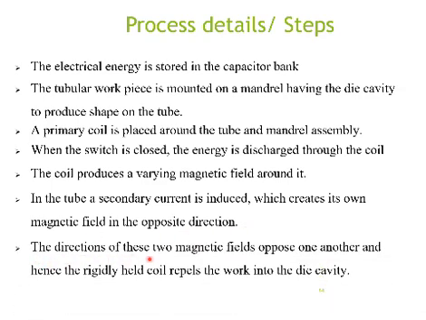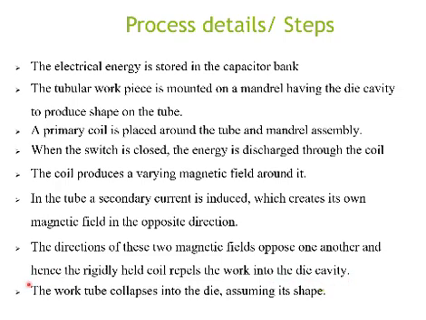The directions of these two magnetic fields oppose one another and hence the rigidly held coil repels the work into the die cavity. The work tube collapses into the die, assuming its shape.